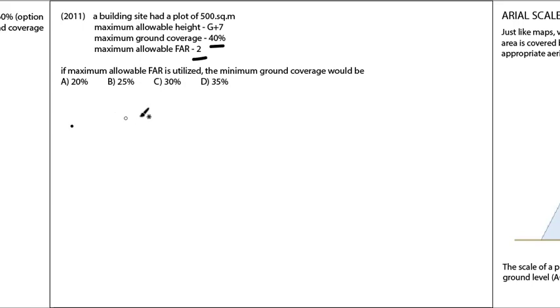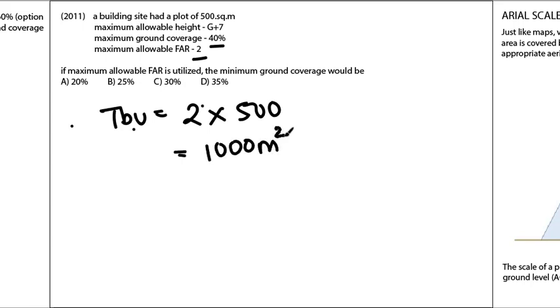So if we are using total FAR, what will be the minimum ground coverage? We have total built up area is equal to FAR into site. You have to use maximum FAR. So 2 is the maximum FAR and 500 is the plot area, and that is 1000 meters square.